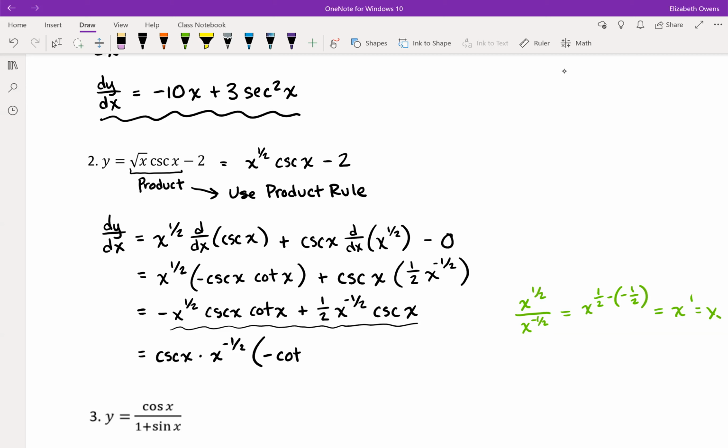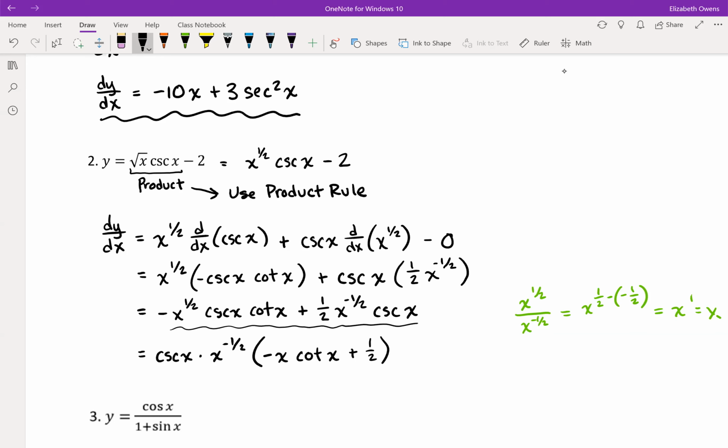Okay, so I'm going to pop that in front of our cotangent x. X cotangent x. And then in the second term here, all that's left is the 1/2. Everything else would have gotten factored out. So you could leave it in this format as well.